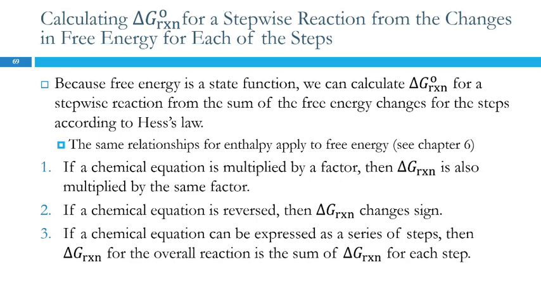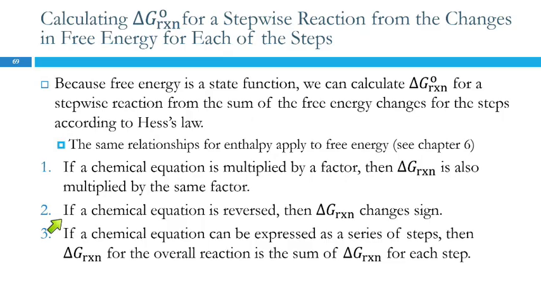And so if we're doing something to the chemical equation, we do the same sort of thing to delta G as we did to delta H. If we multiply the chemical equation by a factor, say we double all of the coefficients, then we're going to multiply delta G by the same factor. Because if you have twice as much stuff, the free energy change is going to be twice as large.